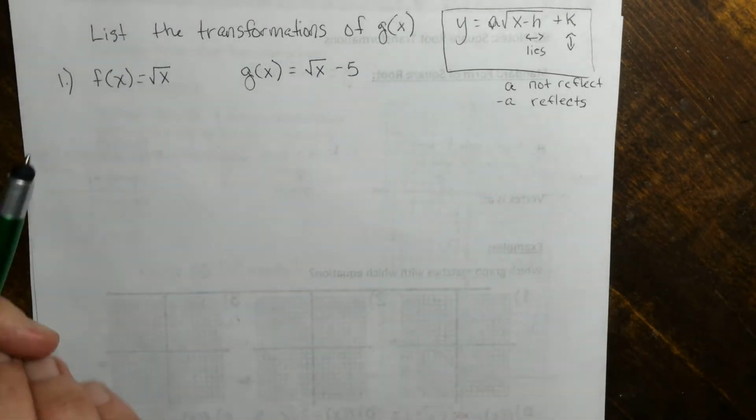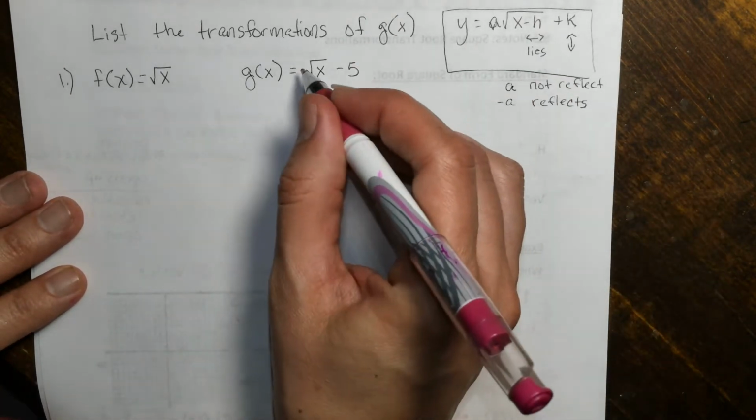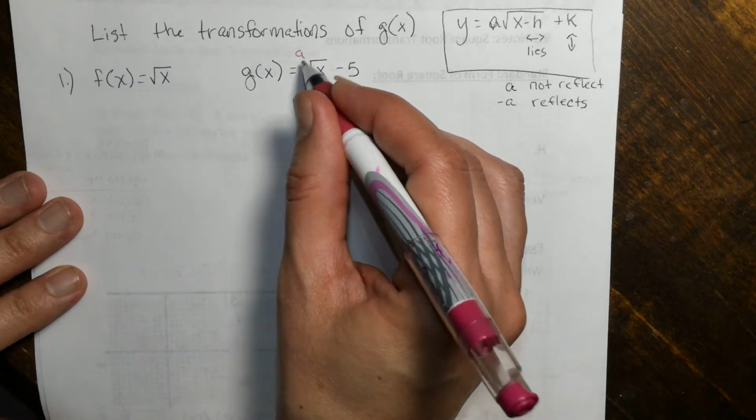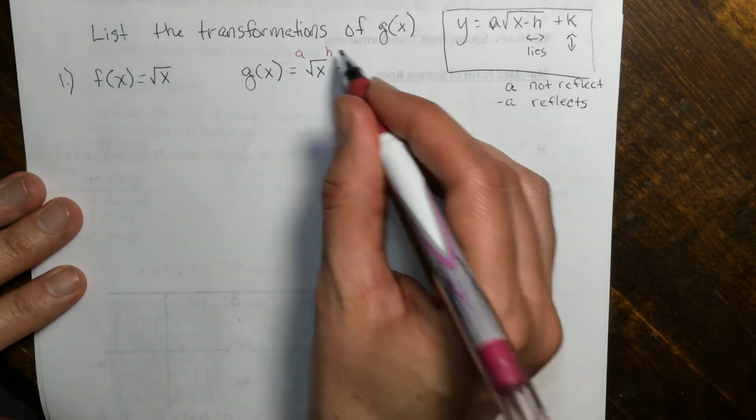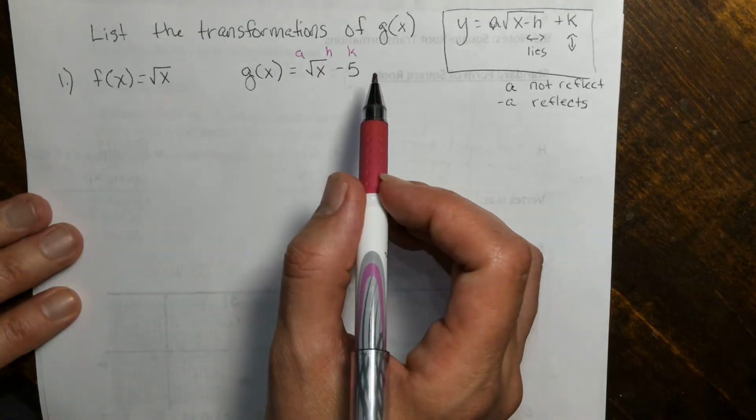So looking at this, the first thing I want to do is label, put my a, h, and k above each one. So a would be here, and it's not here, so it's 1. h would be here, and k is always at the end. That is not under the radical sign.